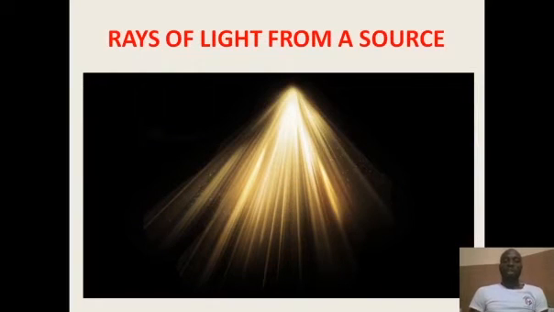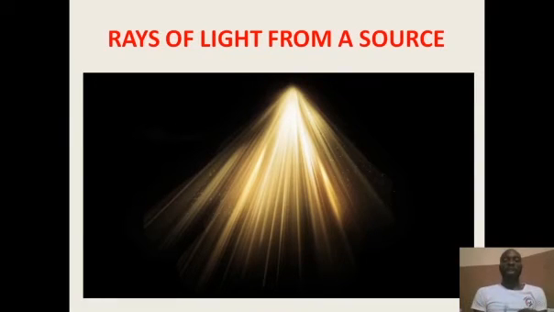Okay, look at another picture. This one appears clearer. You can see the light radiating from a source. You see tiny rays of light radiating from that source. That is what we call what?